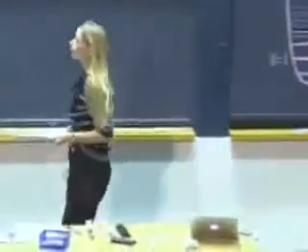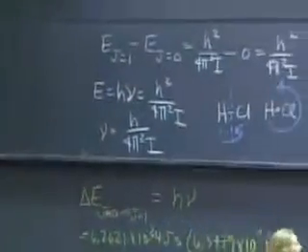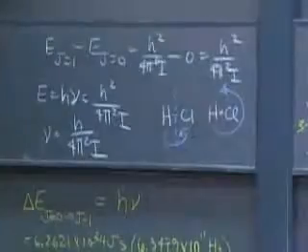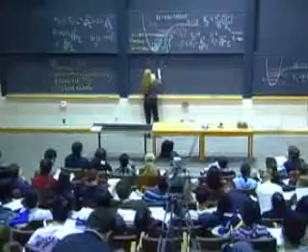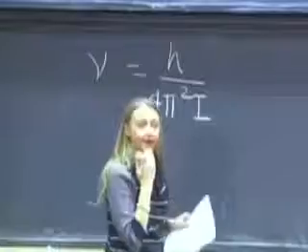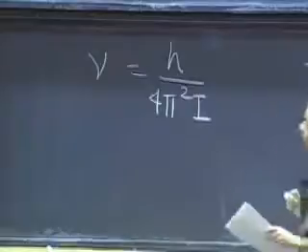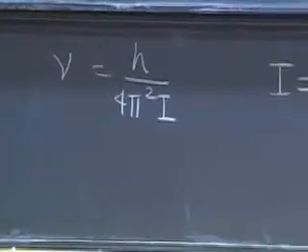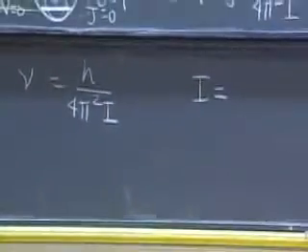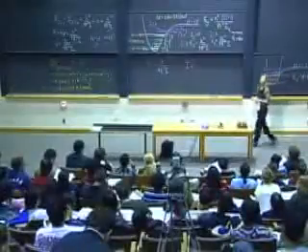Because what we said over here is that the frequency of that transition is h over 4 pi squared times I, and I is the moment of inertia. Maybe you've had this in 801? No, not yet. Oh, you will.